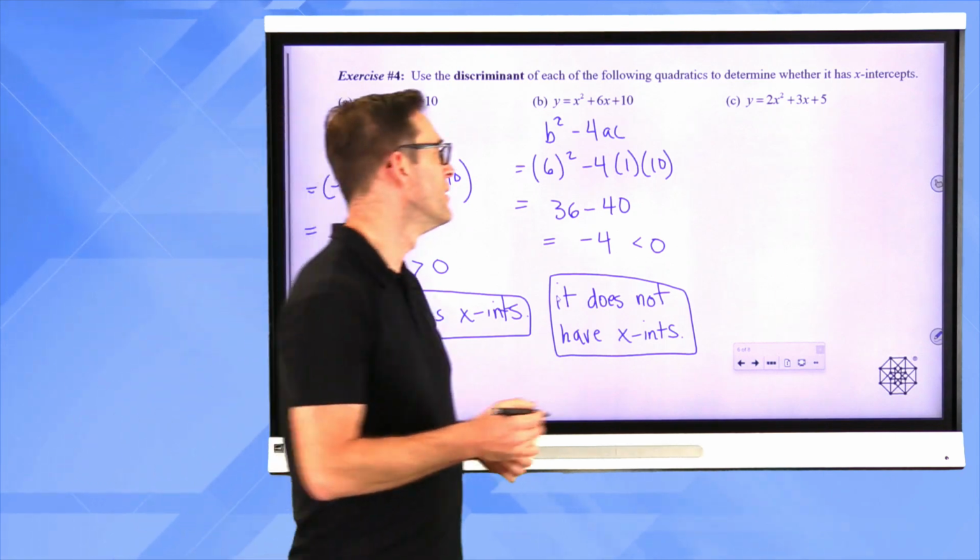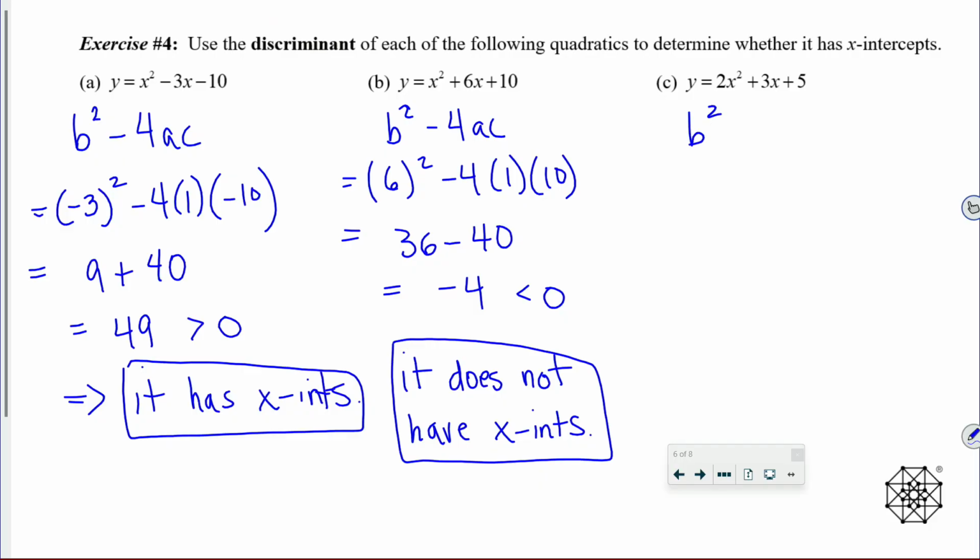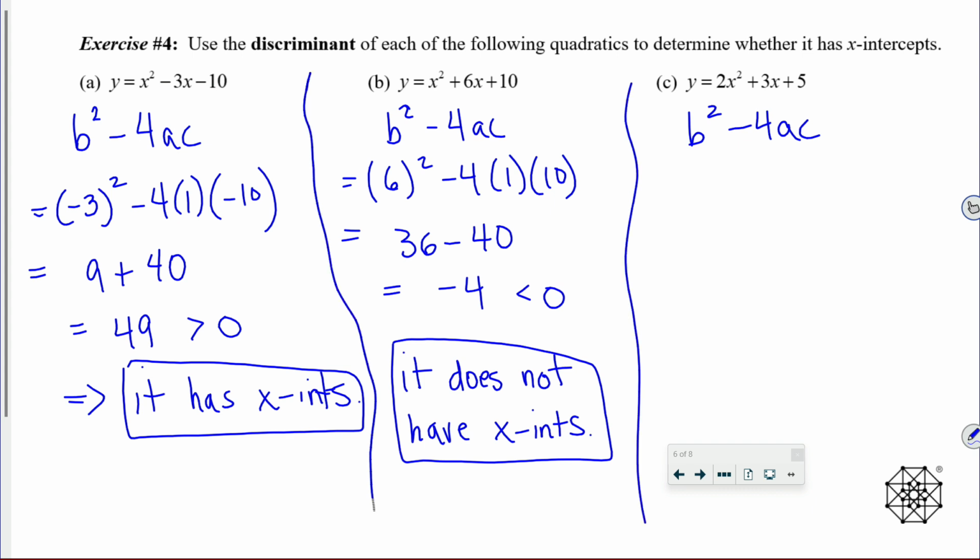All right, one more time. Let's do b squared minus 4ac. Maybe do a few lines there. That's going to be 3 squared minus 4 times 2 times 5. That's going to be 9 minus 40. That's negative 31.